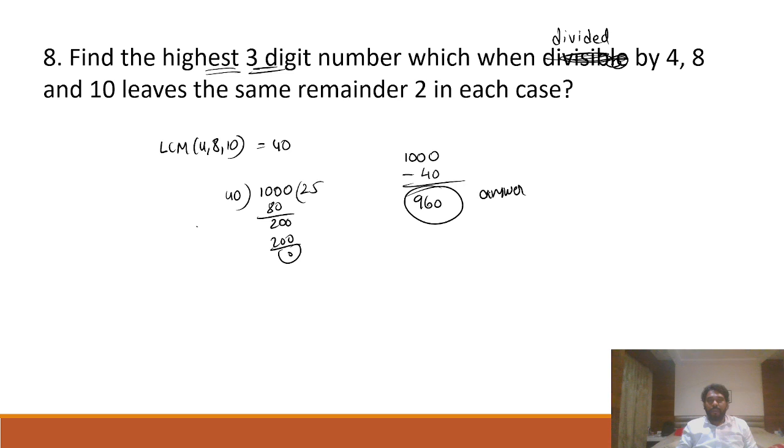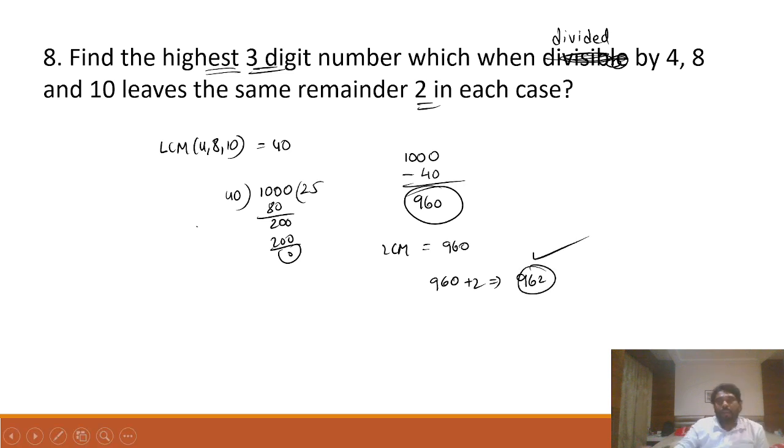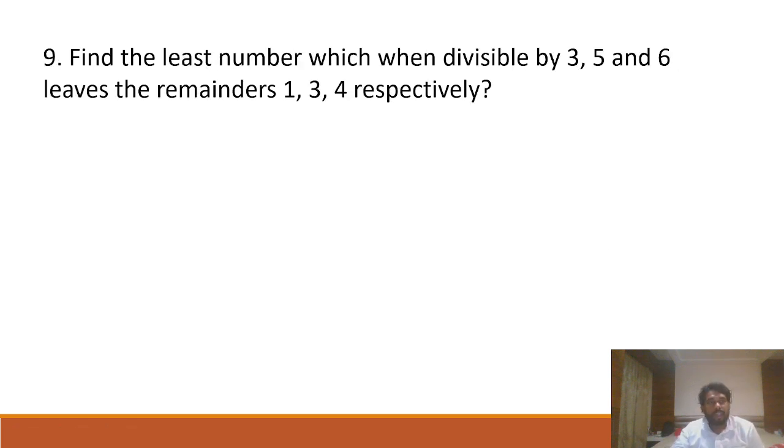Sorry, this will be the perfectly divisible number. But he's asking you to calculate when you will get remainder 2. So you have taken the LCM, the number is 960, so then add 2 to it. So the answer will be 962. Okay, now let us move on to next.